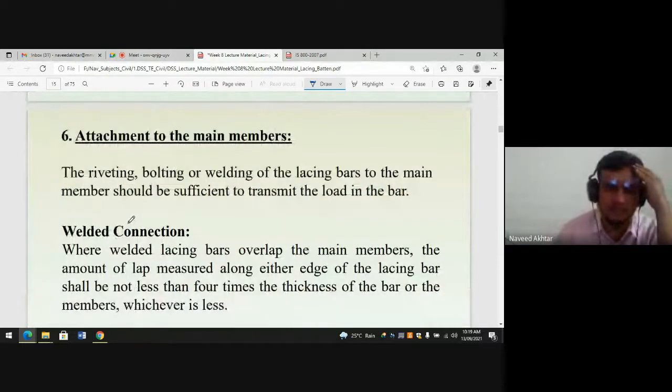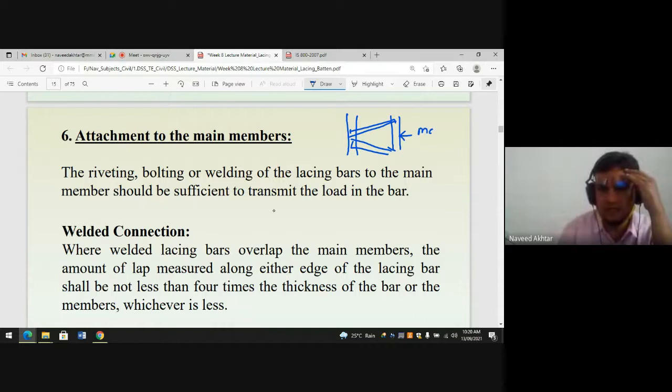Now the attachment of the two members. The riveting, bolting or welding of the lacing bar to the main member. The main members are the two channel sections we are joining, and this is your lacing bar. The riveting, bolting or welding of the lacing bar to the main member should be sufficient to transmit the load in the bar.